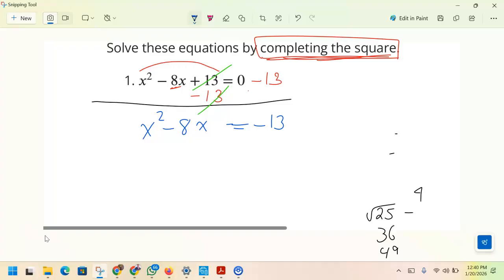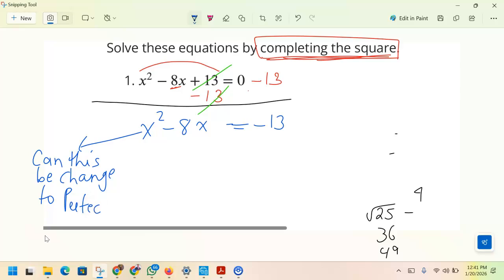What do you do next is you want to... can we make this a perfect trinomial? Now, what is a perfect trinomial?